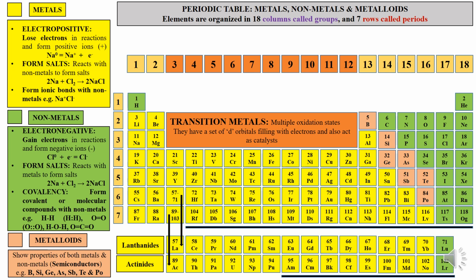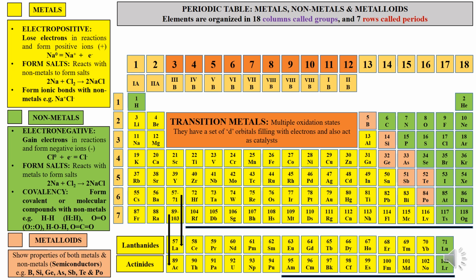These 18 groups are also labeled by the traditional numbering system using Roman numerals followed by capitalized letters A and B: 1A, 2A, 3B, 4B, 5B, 6B, 7B, and 8, 9 and 10 will be 8B, 1B, 2B.